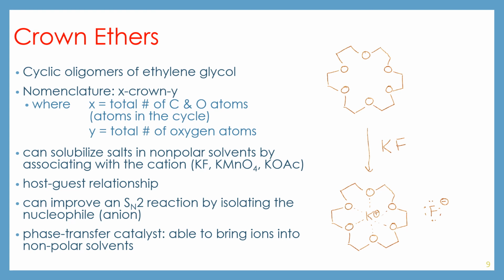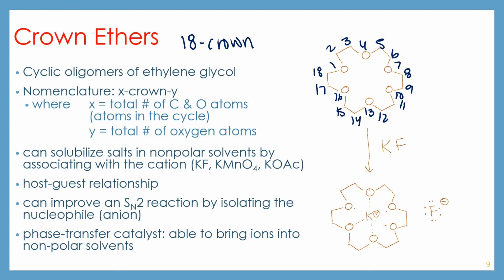So, for example, this compound has 1, 2, 3, 4, 5, 6, 7, 8, 9, 10, 11, 12, 13, 14, 15, 16, 17, 18 total units in the cyclic structure. So I would call this 18 crown, and then 1, 2, 3, 4, 5, 6 oxygens. So 18 crown 6. So that's where that name comes from.